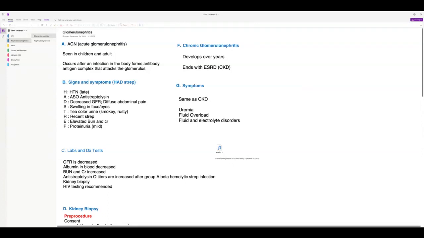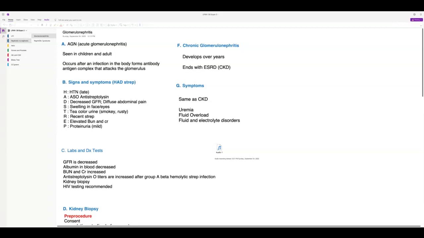Okay. Acute glomerulonephritis is seen in children, usually young adults. And usually after some type of infection, the body forms an antibody-antigen complex and it attacks the glomerulus. Okay. So your signs and symptoms you can remember from the mnemonic HAD STREP. So they're going to get hypertensive, which is unusual in small children. They'll have positive ASO, anti-streptolysin, and that's a lab.